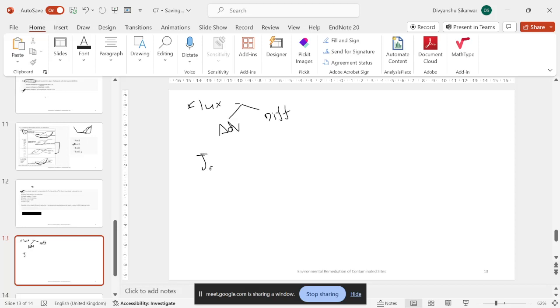In advection, flux is basically the Darcy's velocity times the concentration of contaminant, and Darcy's velocity is basically equal to discharge by area.